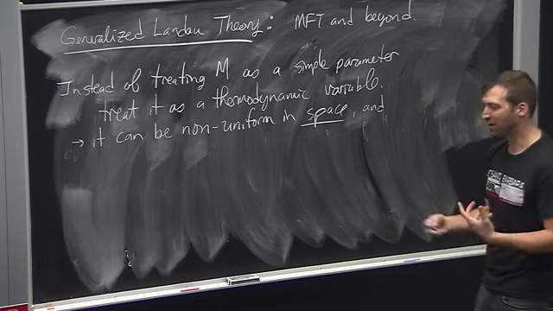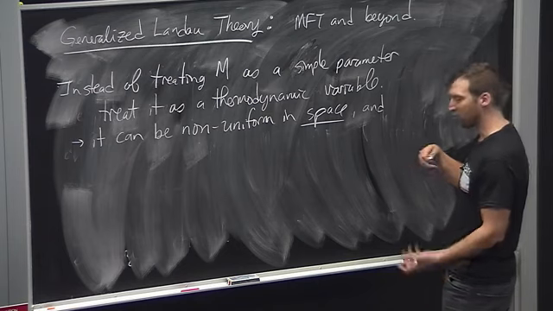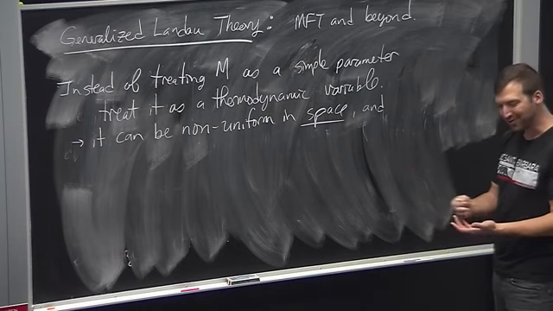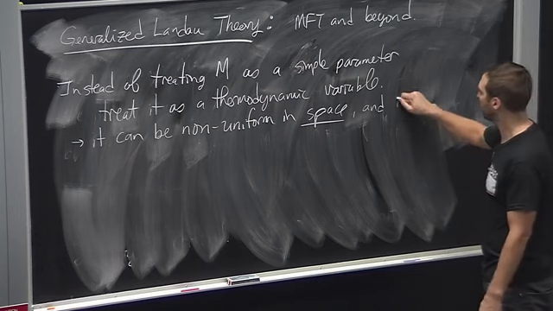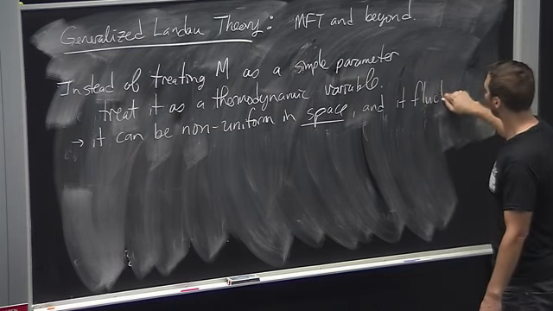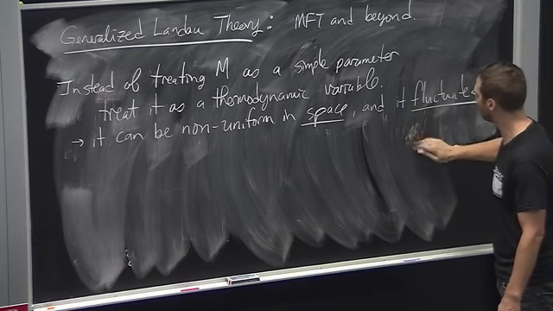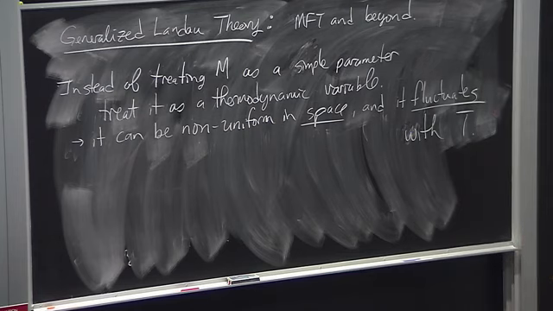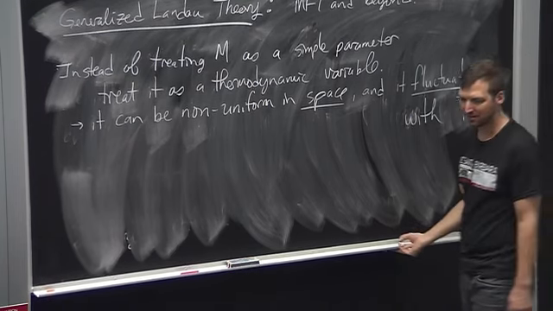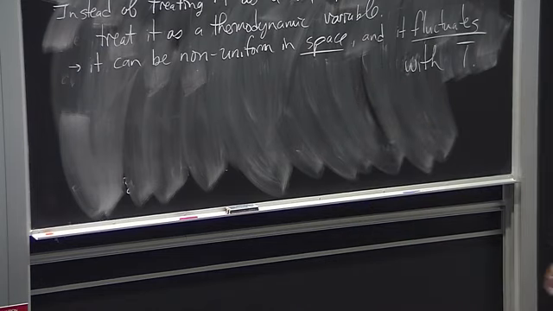But let's start thinking about a thermodynamic ensemble where you can have a mean value, but you can also have fluctuations around that value. And it fluctuates with T. Okay? That is a field. When people say field, in field theory, that's what a field is.